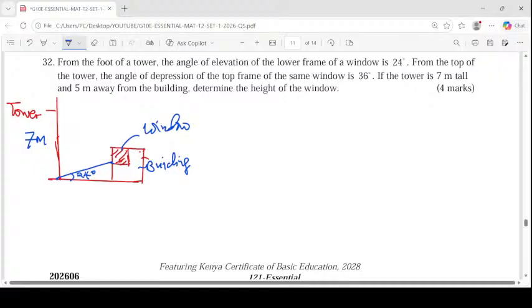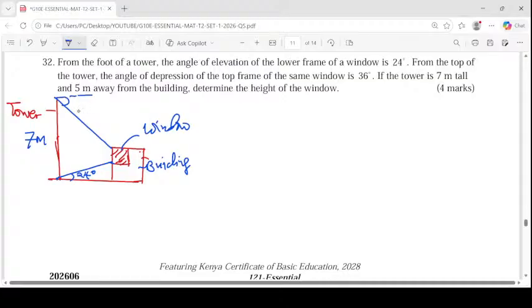Now, from the top of the tower, the angle of depression of the top frame of the window is 36. From the top of the tower here now, the angle of depression. When you talk about the angle of depression, this is the angle they are talking about.